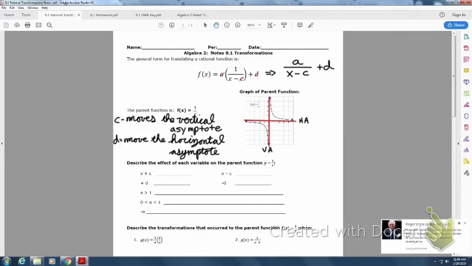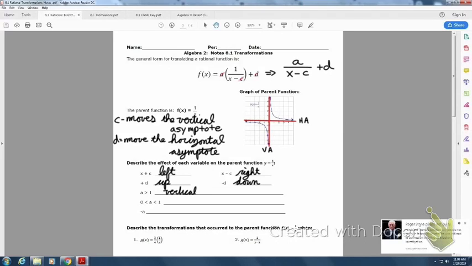Okay, so let's go through these rules again, make sure that we're good on those. If it is plus C, which direction does that move the graph? Left. Minus C? Would be right. Plus D? Minus D? If A is greater than 1, it is going to vertically what?